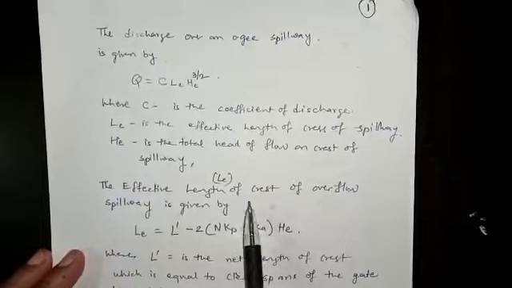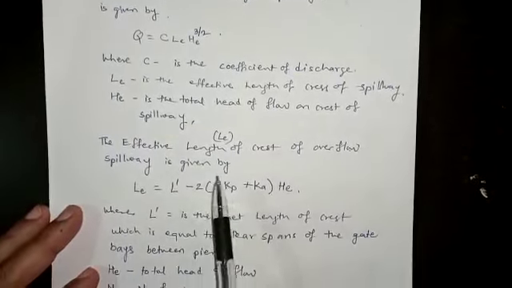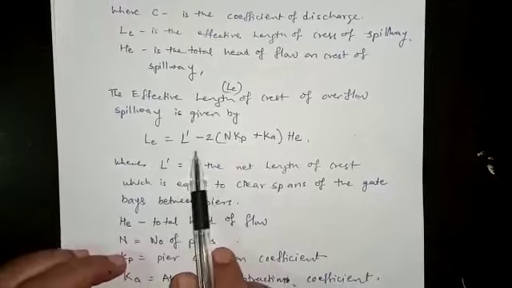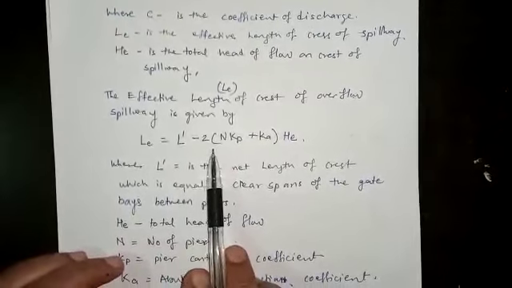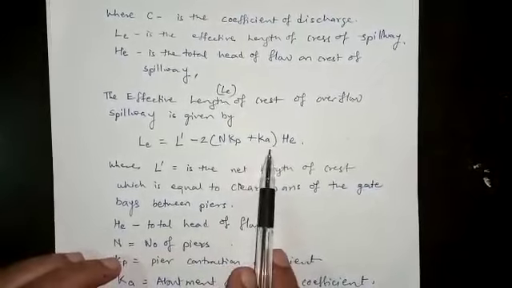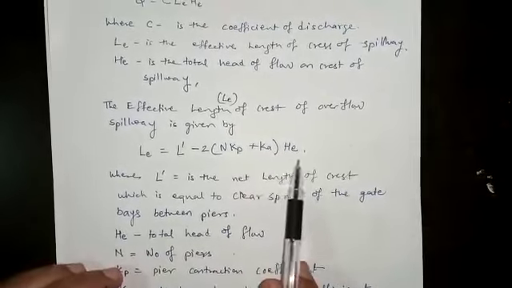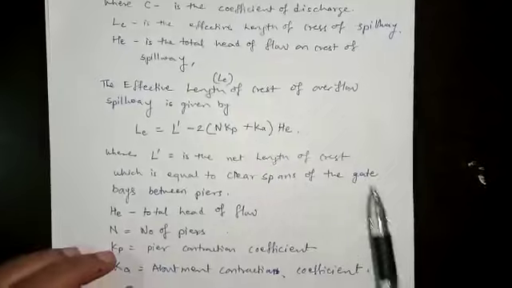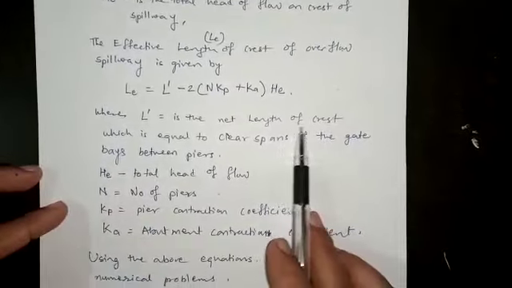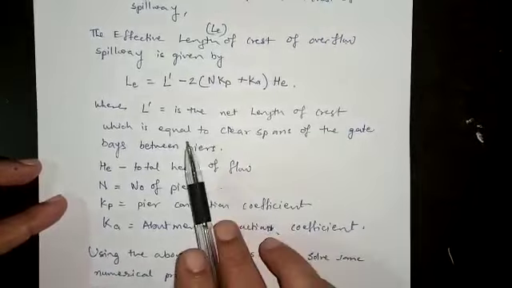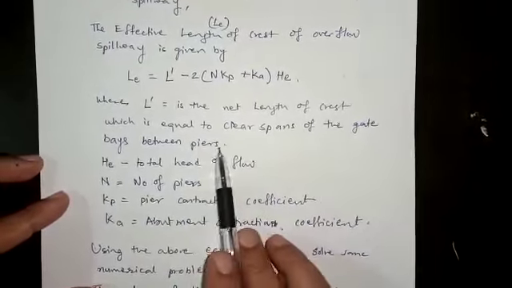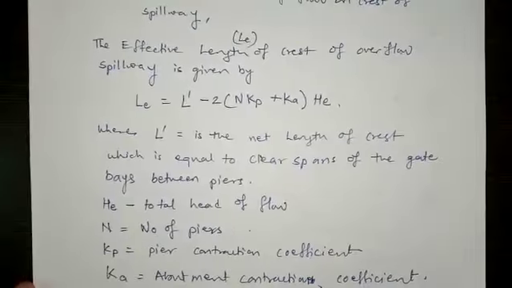The effective length LE of the crest of an overflow spillway is given by LE is equal to L dash minus 2 into bracket N into Kp plus Ka bracket complete into HE, where L dash is the net length of the crest of the spillway, which is equal to the clear spans of the gate bays between the piers.